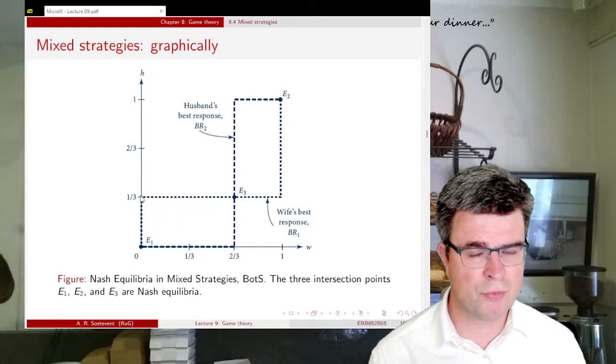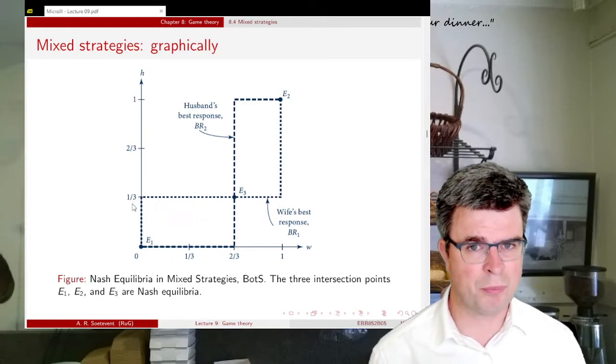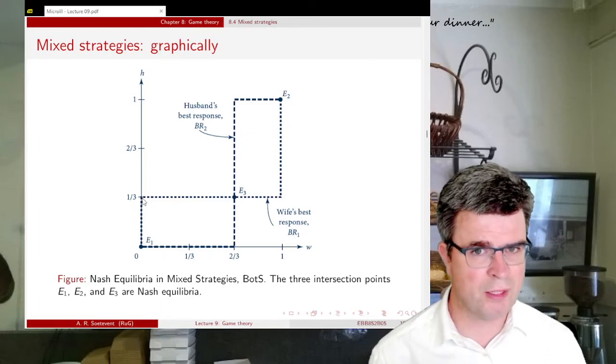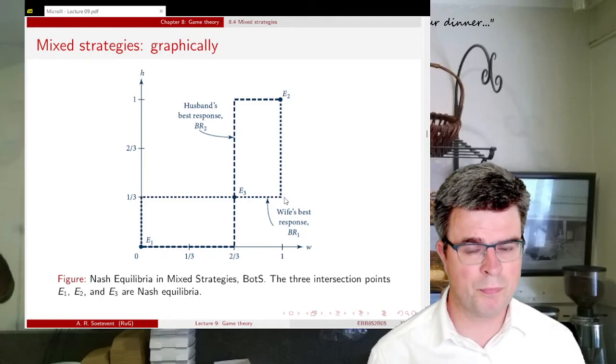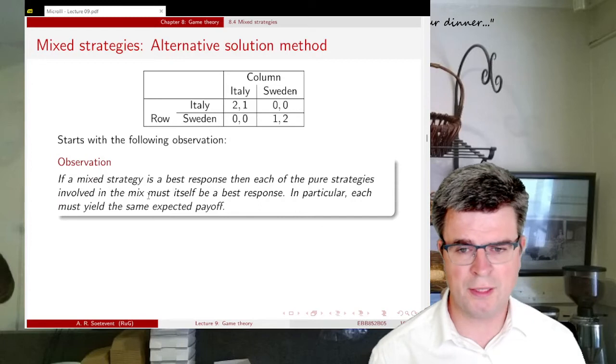And because he's indifferent, it means that his expected utility of playing Italy for sure or Sweden for sure, against a column player who mixes with probability 1/3, must give him the same payoff. And we're going to utilize that.